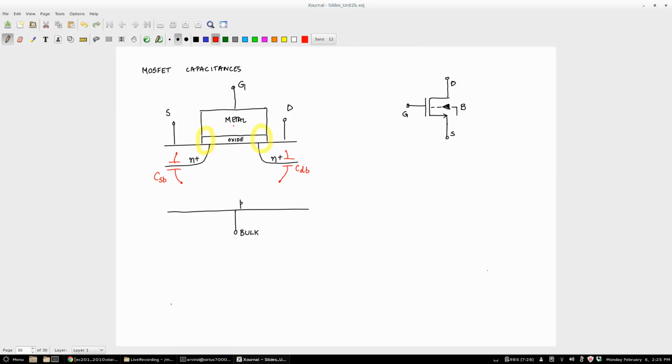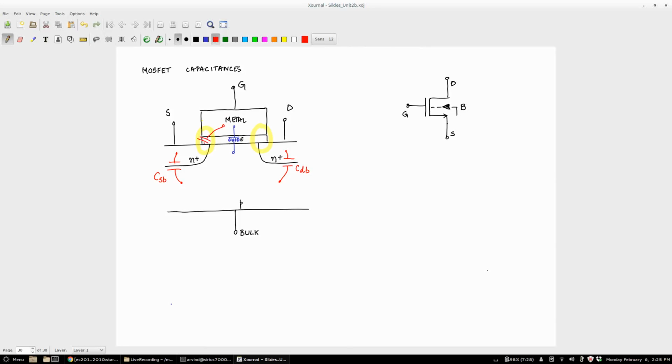So there is a capacitance here, which is the capacitance of source to bulk, called CSB. Similarly, there is a capacitance of drain to bulk. Then you have the metal oxide capacitance, which is usually with respect to this channel.